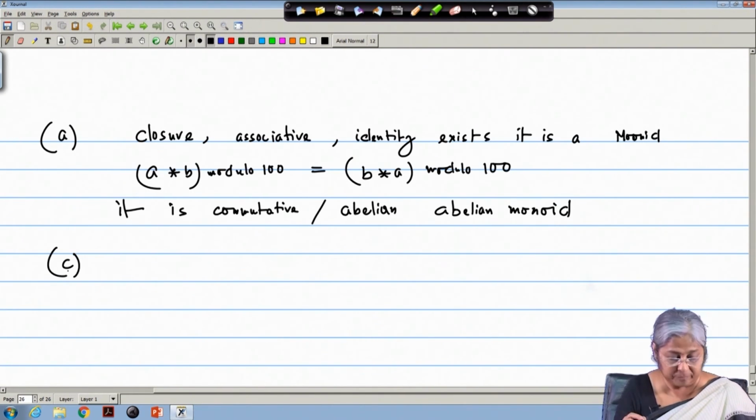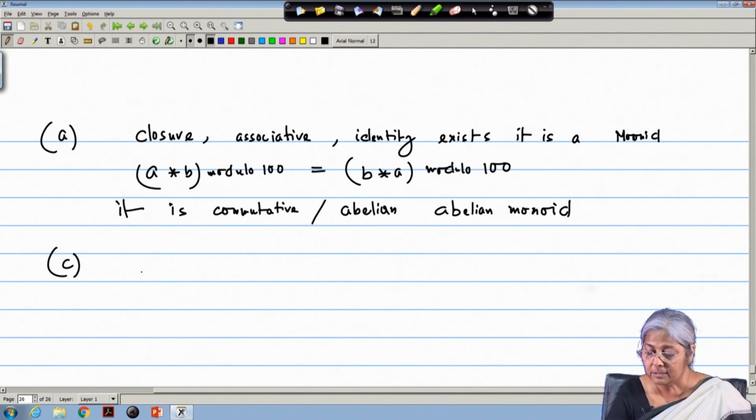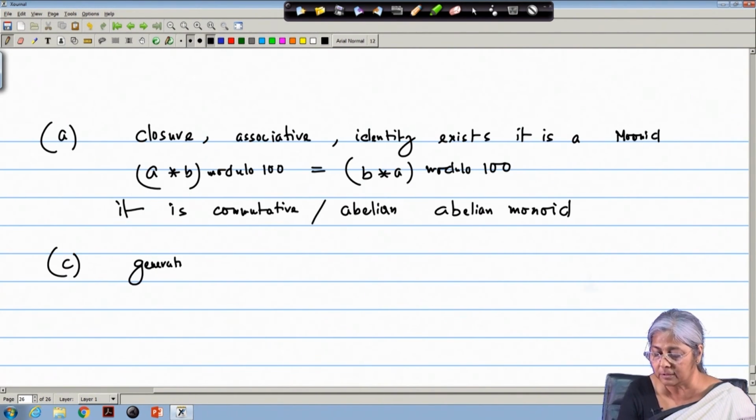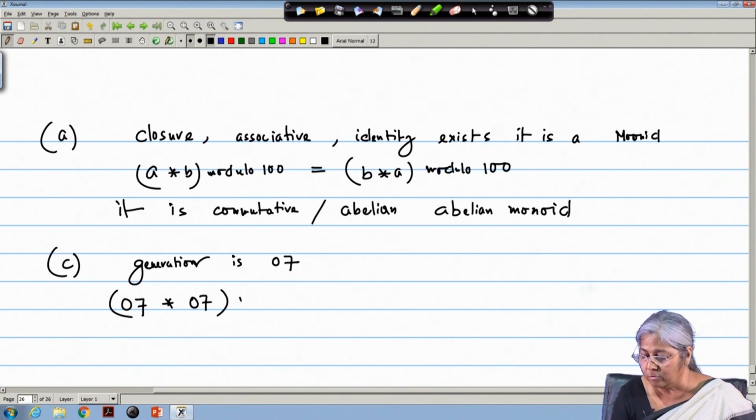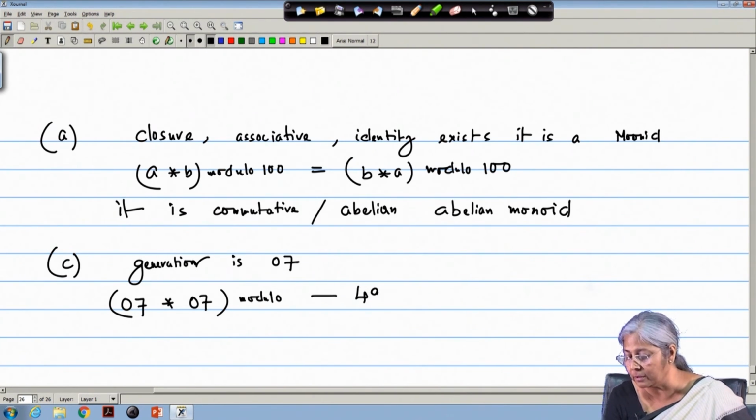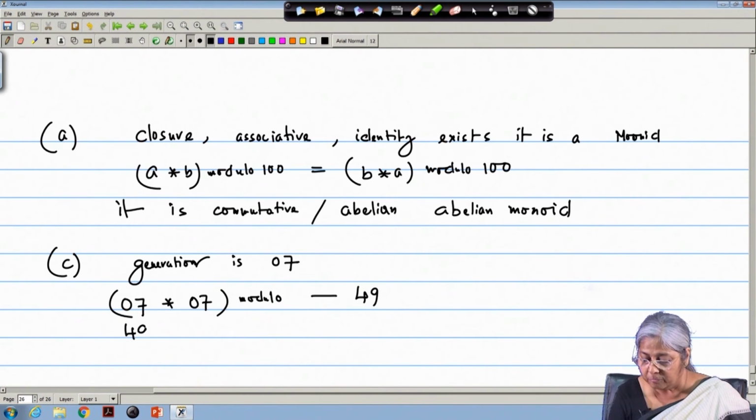Now, the C part is generated by the generator 07. If I take 07 modulo 100, since it is only 2 digits, I will get 07 itself, and 07 squared is 49.